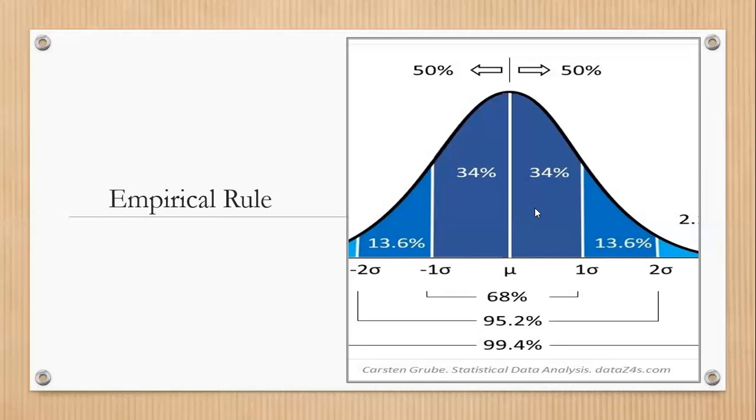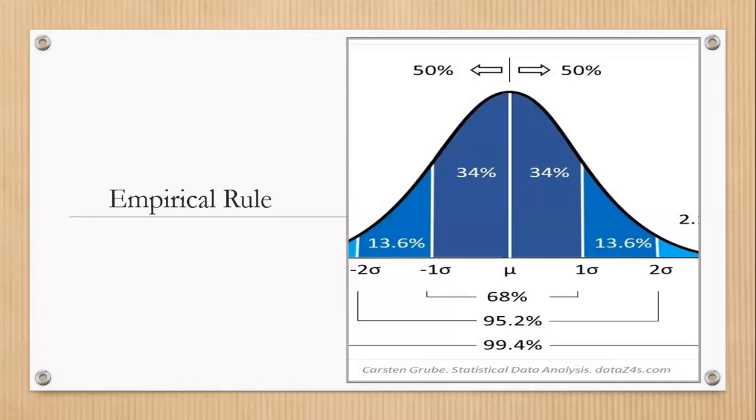So meaning the area of the curve from negative 2 standard deviations to positive 2 standard deviations is 95.2%. And the area from negative 3 standard deviations to positive 3 standard deviations is 99.4%, or again, in some other books, it's 99.7%. Okay? So some of you will ask, bakit po hindi siya exact na 100%?